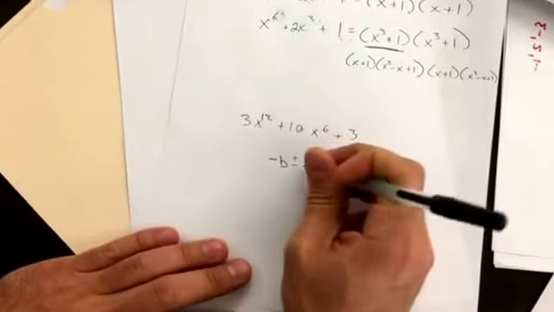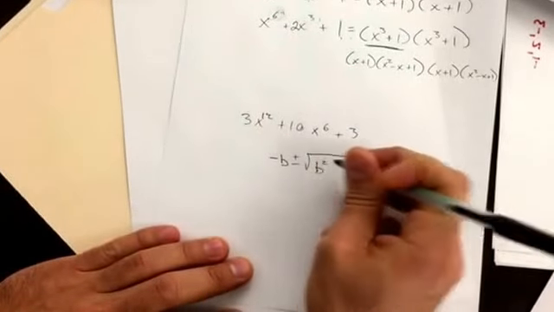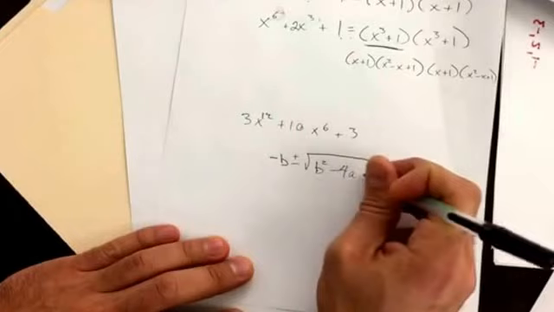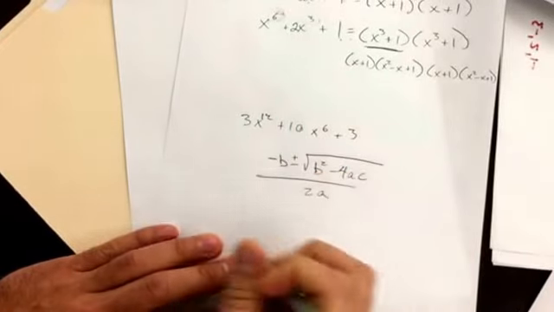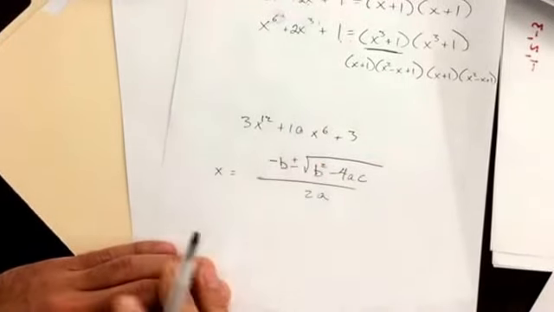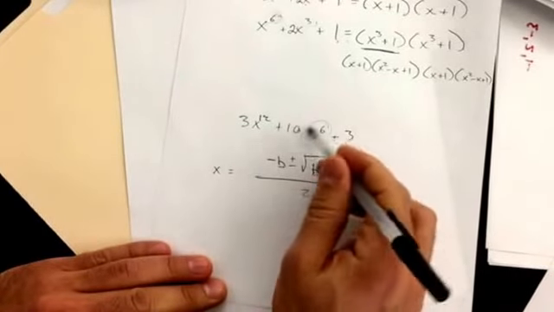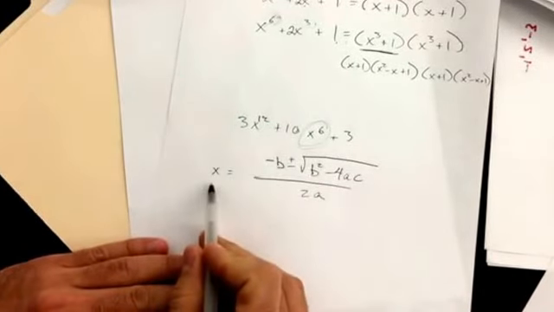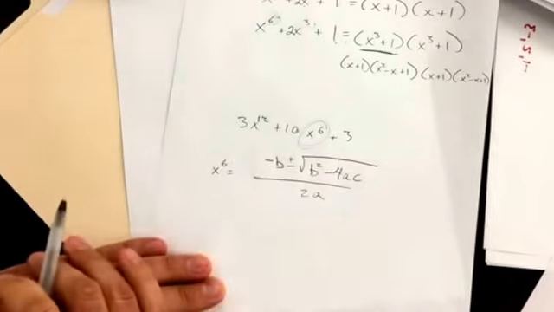Your quadratic formula: negative b plus or minus the square root of b squared minus 4ac over 2a. And remember that normally it's x equals this, but normally our middle term is x. So on this one, it's really going to be x to the 6 equals this.